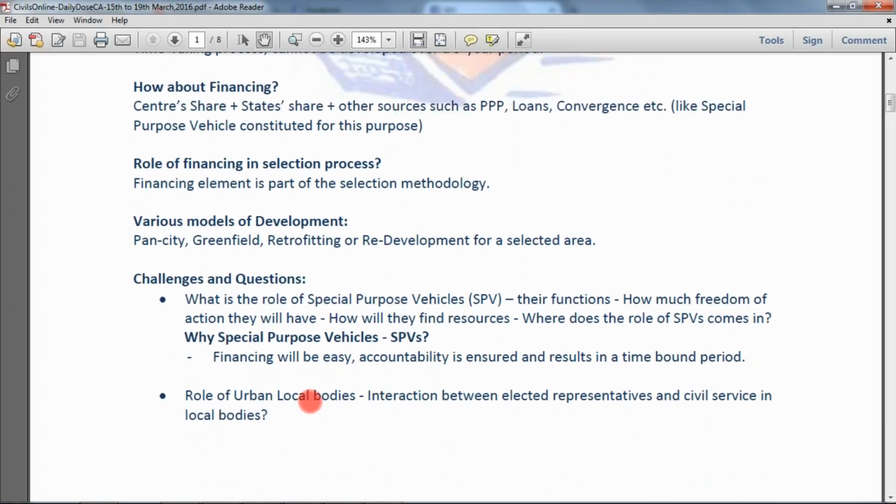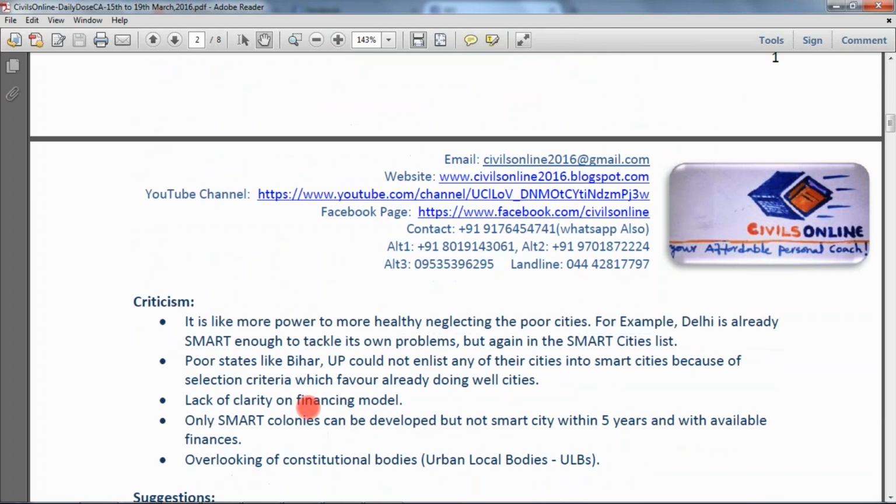Then what is the role of the urban local bodies of the cities, and the interaction between elected representatives and the civil service in local bodies? There is also some criticism which needs to be addressed properly for the correct implementation of this scheme. Some say it gives more power to the healthier cities and neglects the poor ones.